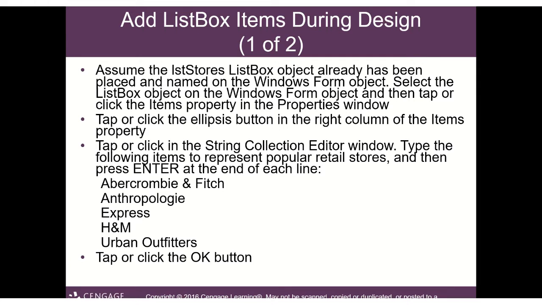So assume that the list box object has already been placed and named on the Windows form object. Now you can tap or click the ellipsis button on the right column of the items property, which opens the string collection editor window, and type the following items. It's a different example, but you can build your application based on these examples.